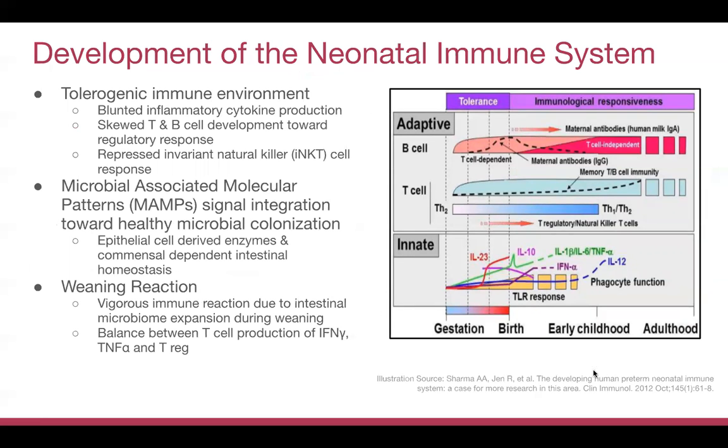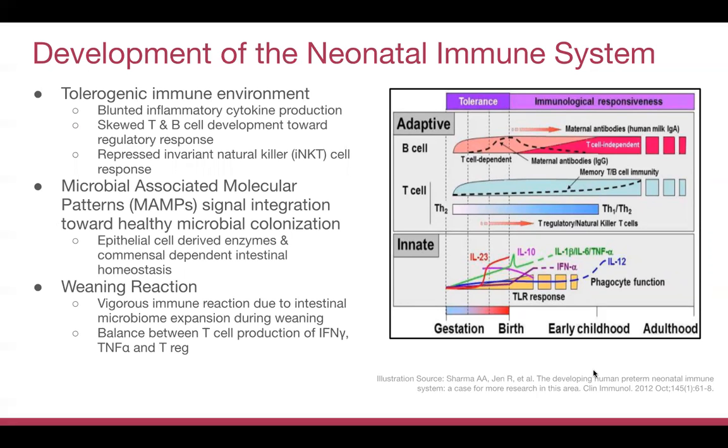Now, as we just alluded to, the capacity to accept the developing neonatal microbiota can be explained by the relative immaturity of the neonatal immune system at birth, as well as the overall tolerogenic environment that defines early mammalian life. Hallmarks of this include, again, an overall decrease in inflammatory cytokine production and a skewing of T and B cell development toward regulatory responses.